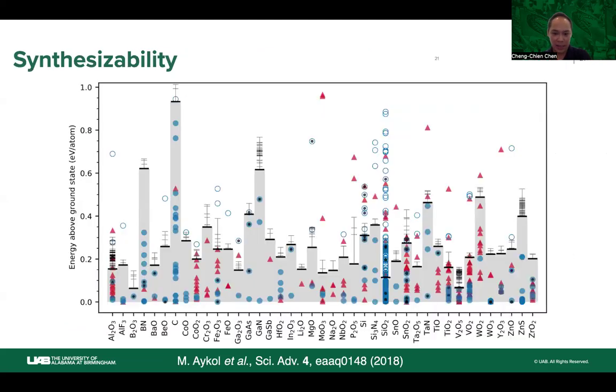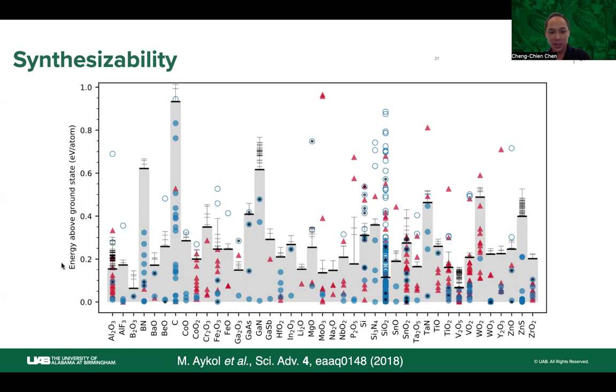This is an interesting paper from 2018 in Science Advances. The authors have listed a bunch of different compounds and their corresponding formation energy above the ground state. These gray bars indicate to what extent these theoretical compounds can actually be synthesized.